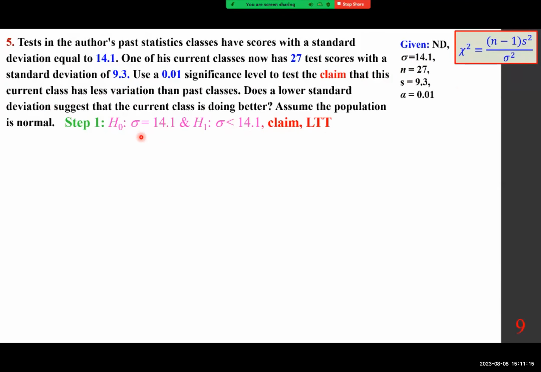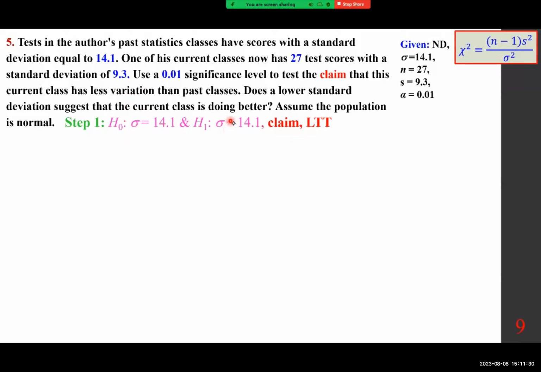One thing I want to make a point of: in some instances, they may use sigma squared because it says variation instead of the standard deviation. If they use sigma squared, you want to pay attention to the notation. You must raise this to the power of 2.